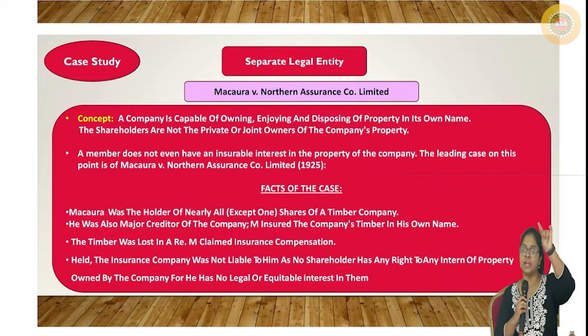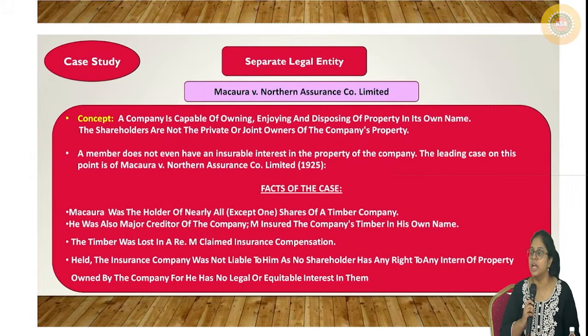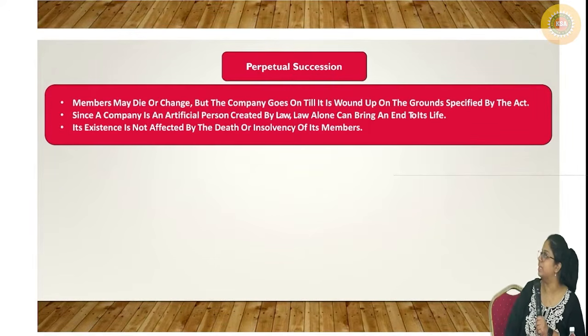So he took an insurance for the timber, but the timber belongs to the company. So when a fire was caught in a warehouse and all the timber was destroyed, and he went to claim, the insurance company said that they are not liable to pay any amount. It is because the insurance was taken in his own name and not in the name of the company. Are you able to understand? So this is one case law in case they ask you anything related to a separate legal entity.